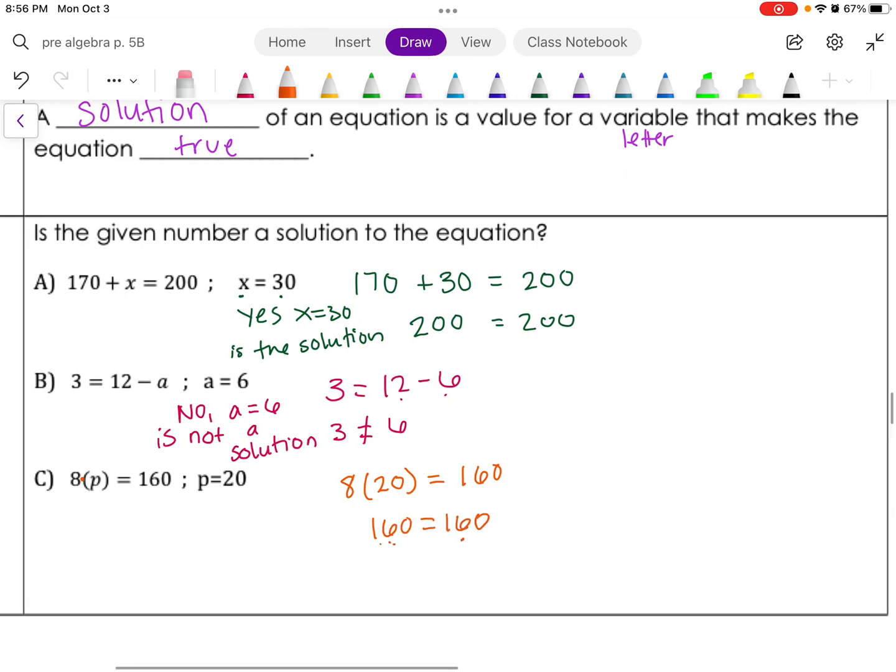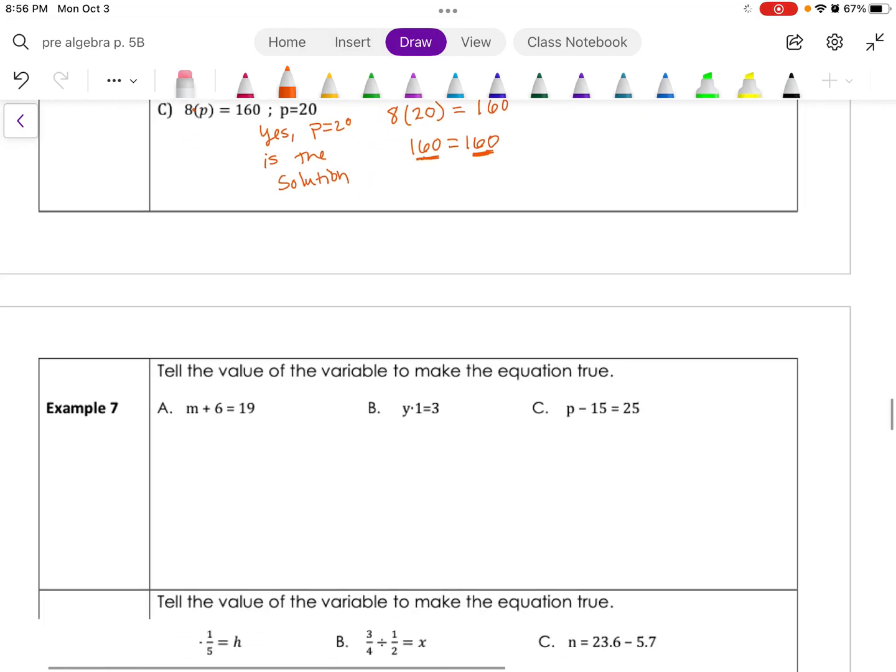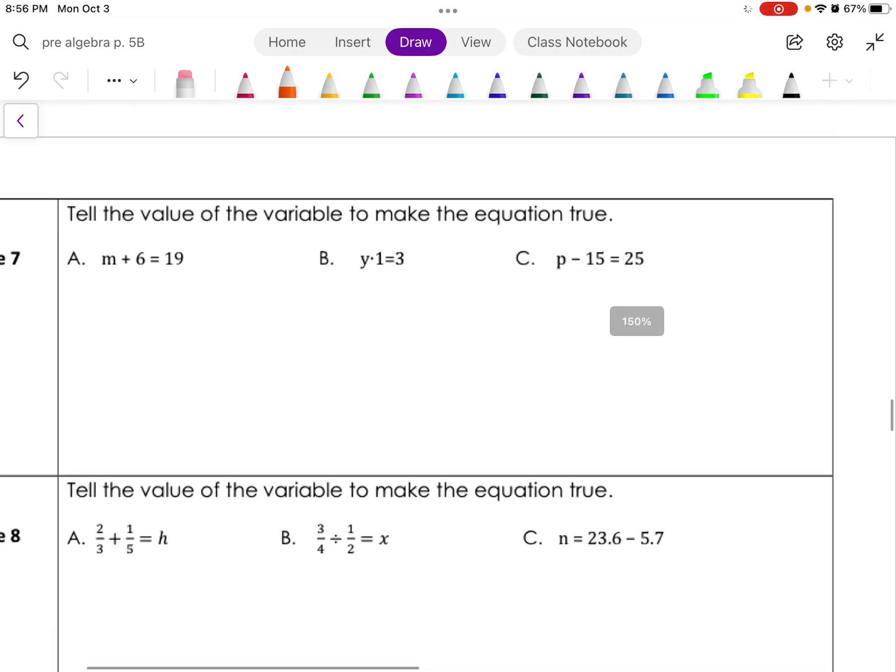It made both sides of our equation equal to each other. They're the same. That's why it's true. That's why, yes, 20 is the solution. Note that for A and C, those are the only numbers that could make that equation true or make it work out. All right, just a couple more examples here.